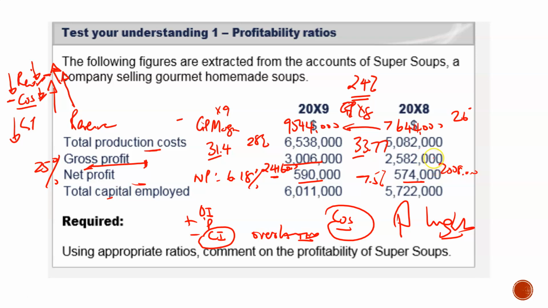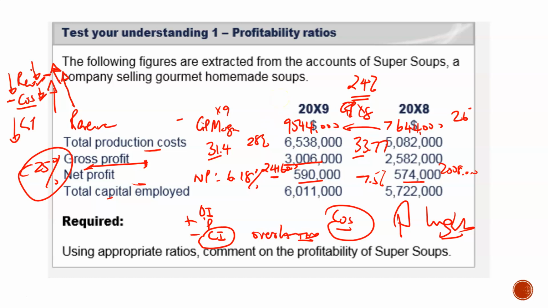Let's just do that again very quickly, just to make sure I've got the right answer so I can interpret what's going on. 3006 minus 590 is 2416. 2416 divided by 9544, and I have a 25% absorption of revenue. That takes that up.